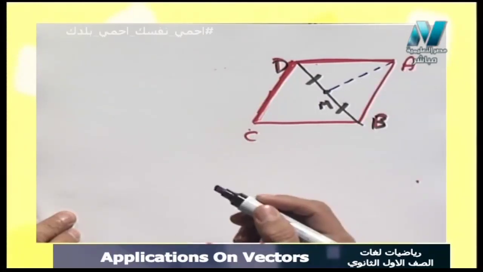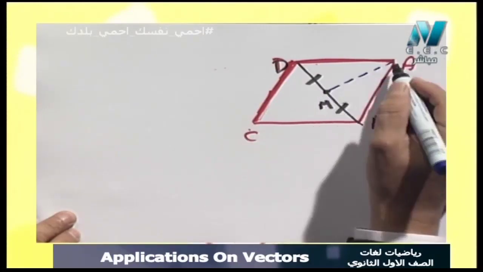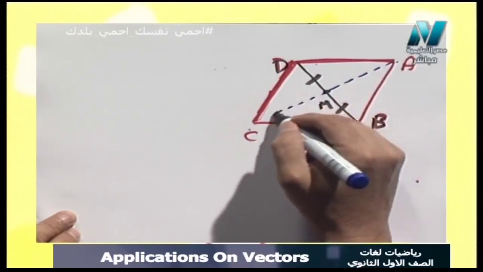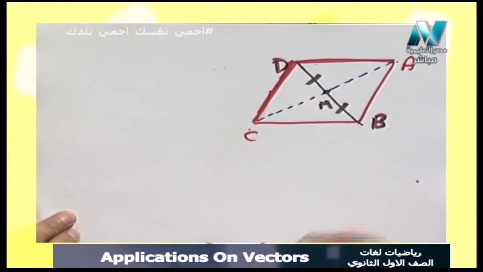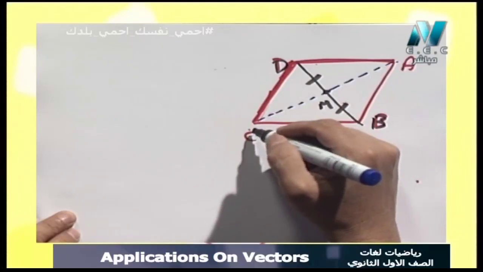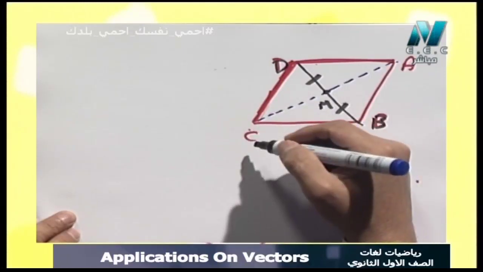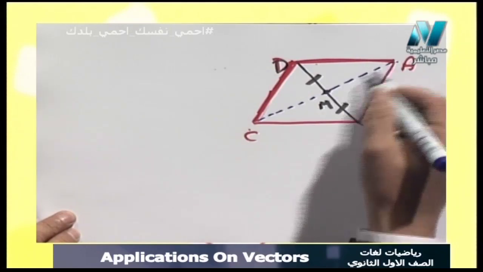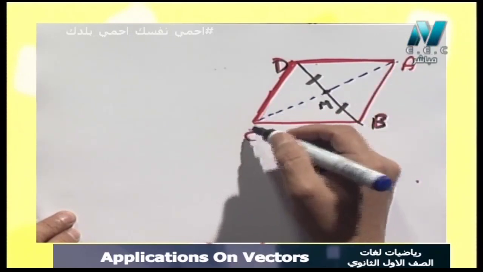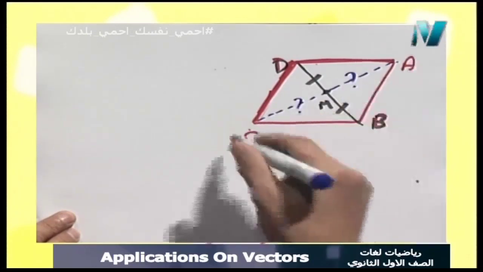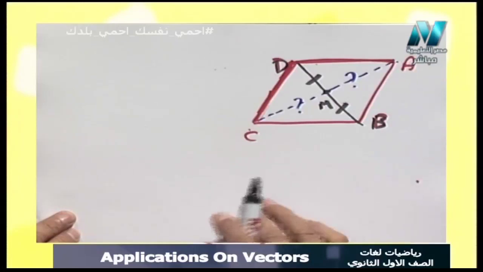No, it's just AM because we join A to M and also MC, and if we deduce that A, M and C are on the same straight line, or collinear, then we will deduce that AM equals MC. When we deduce that AM equals MC, then the two diagonals bisect each other.